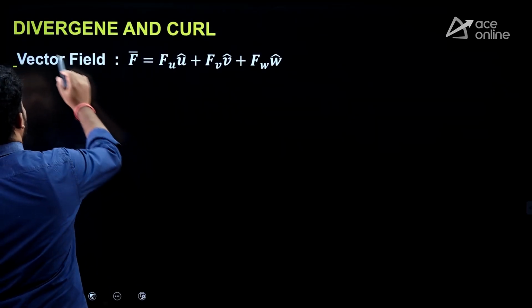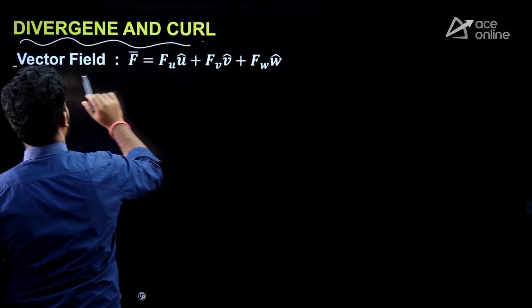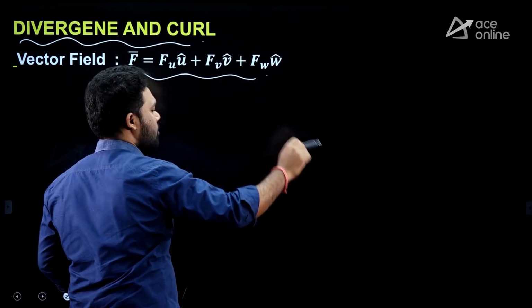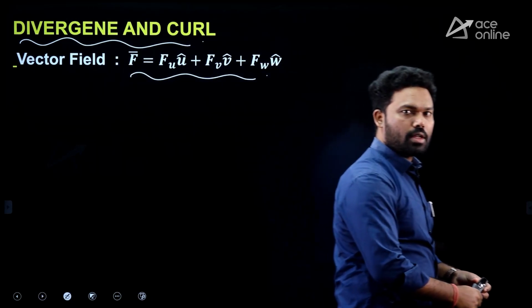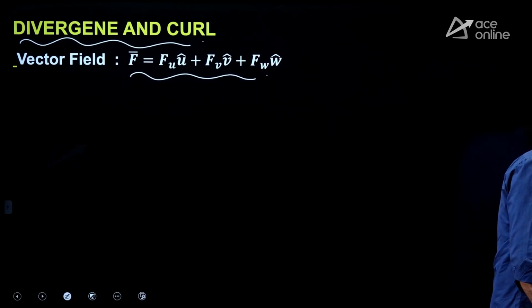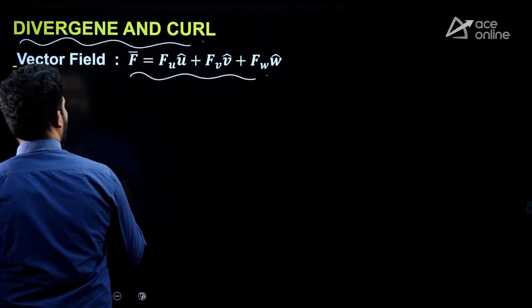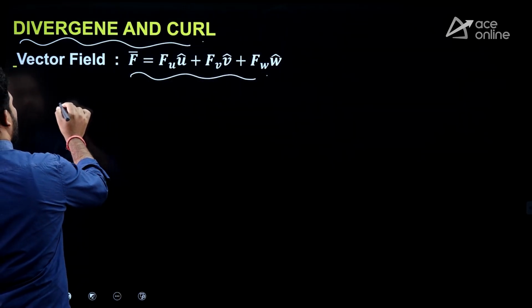Next, divergence and curl. Divergence is performed on the vector field, and the output is a scalar field. Curl is performed on the vector field, and the output is a vector field. Now, let me define the divergence.